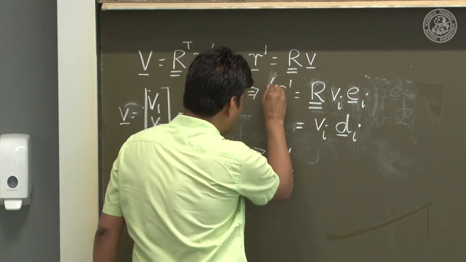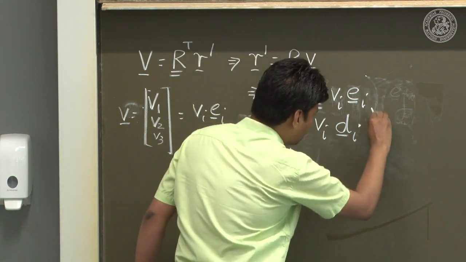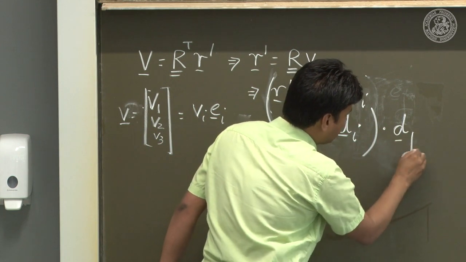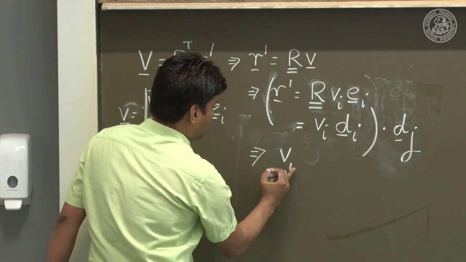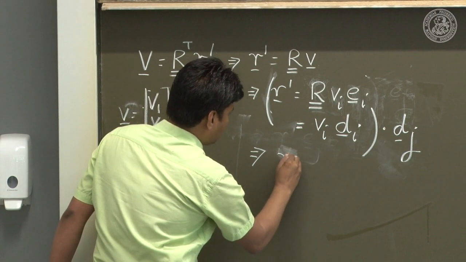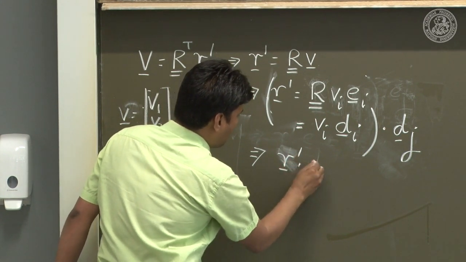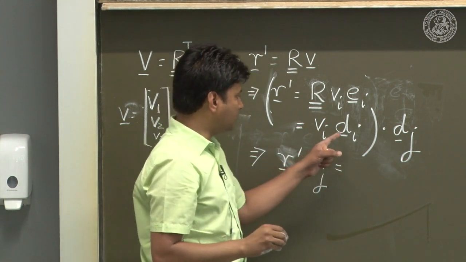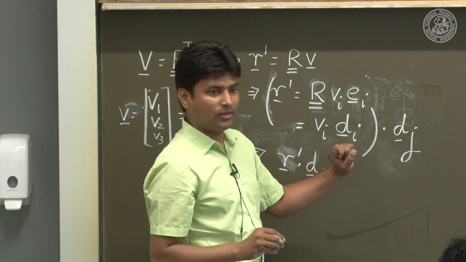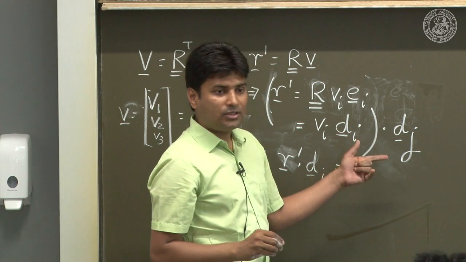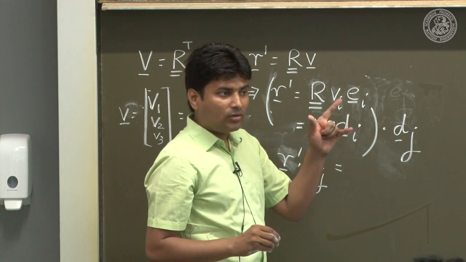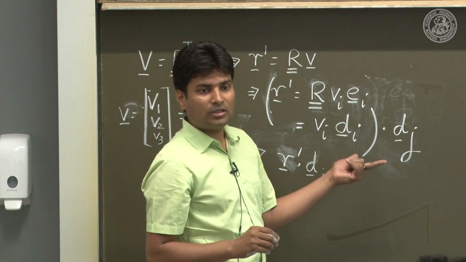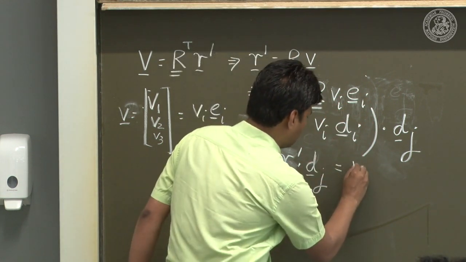Why don't I do it instead of telling it. So let's dot it with dj, and that's going to give me r prime dot dj is equal to Vi times di dot dj. Now what is di dot dj? Directors are all unit normed and perpendicular to each other in this theory. So di dot dj is same as delta ij, so this becomes Vj.